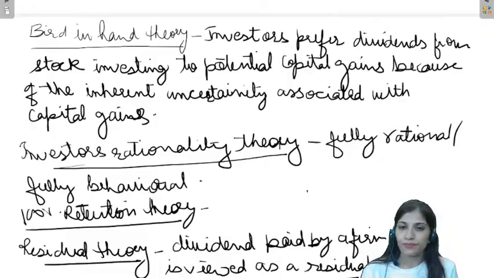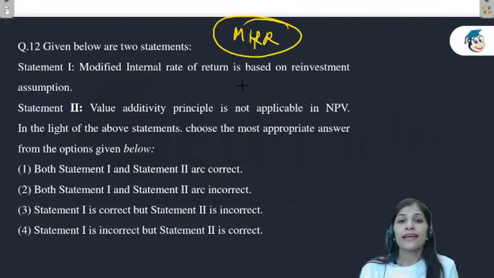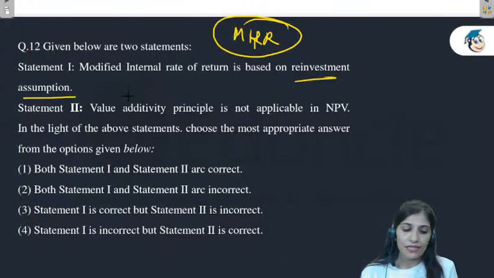Next question. Question number 12. Modified internal rate of return, that is also known as MIRR, right, is based on reinvestment assumption. Whether that statement is true or not, this statement is true.